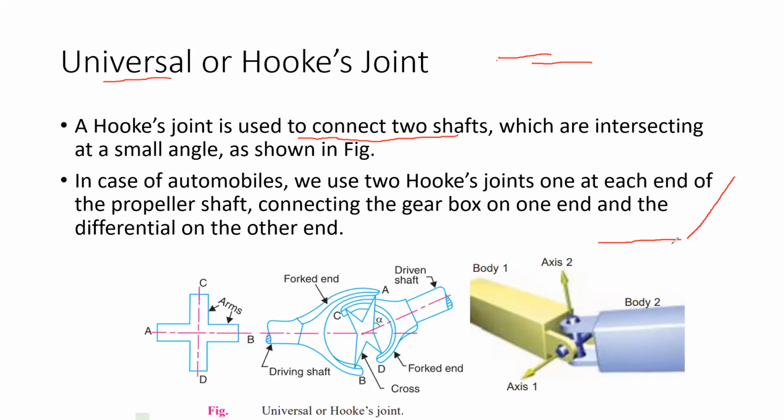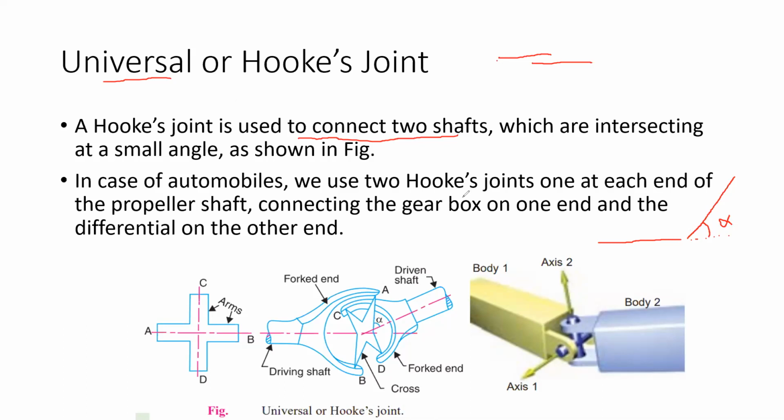These are intersecting shafts, intersecting by a small angle alpha, the angle of inclination of one shaft with the second shaft. Then you can connect these two shafts using the universal coupling.